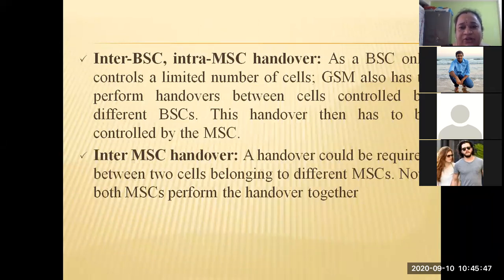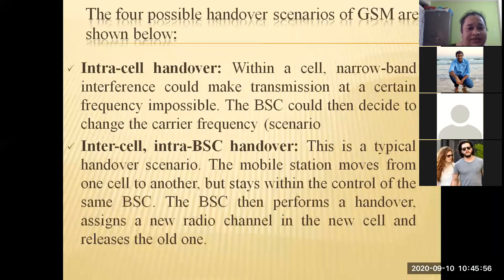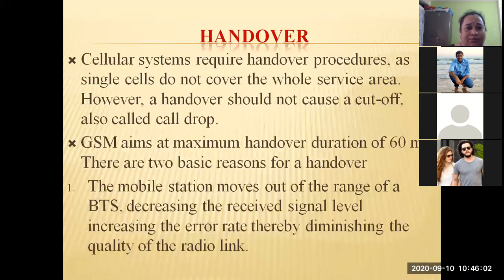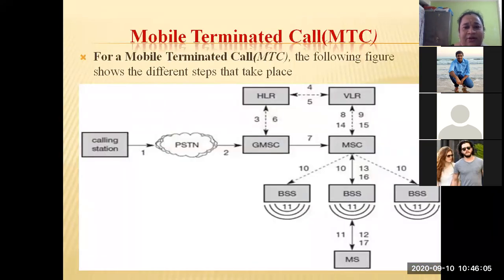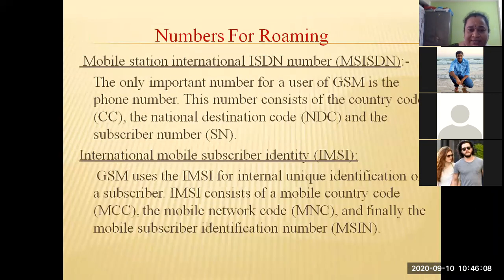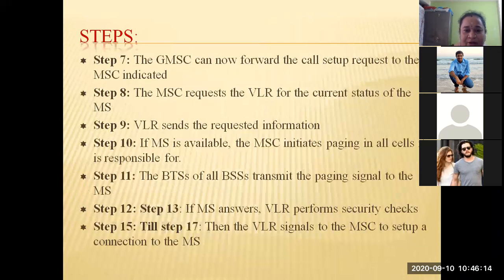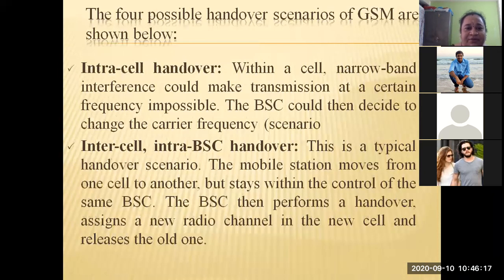If anybody has doubts regarding the previous topics or the present topic, or needs clarity regarding the handover mechanism, localization, identification of the localization of numbers, or how the steps of a mobile terminated call take place, please specify here and I will clear you.